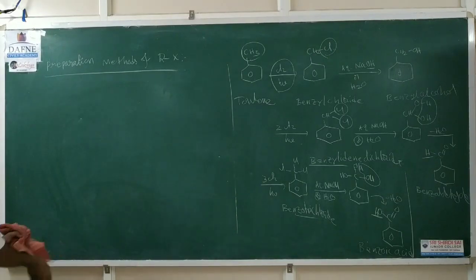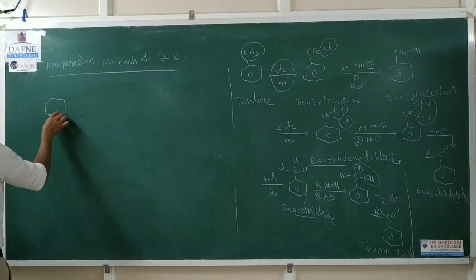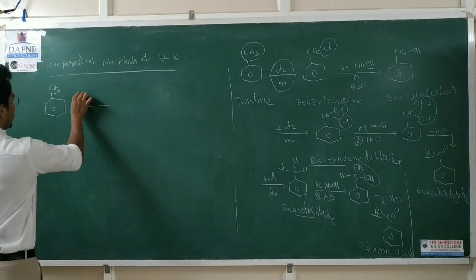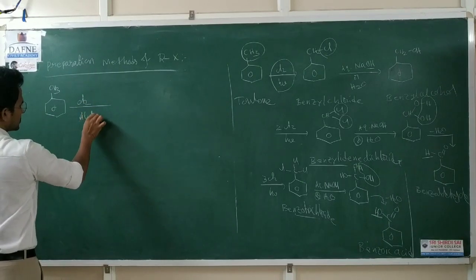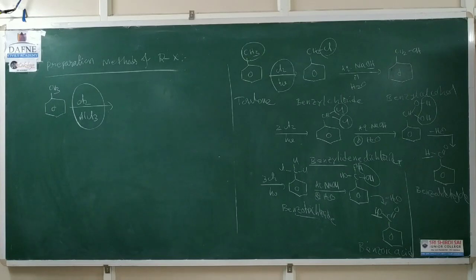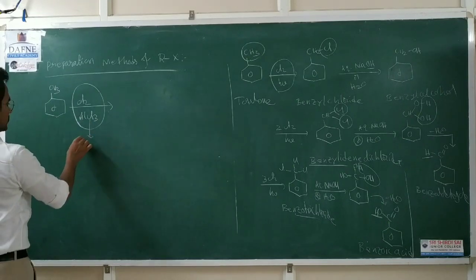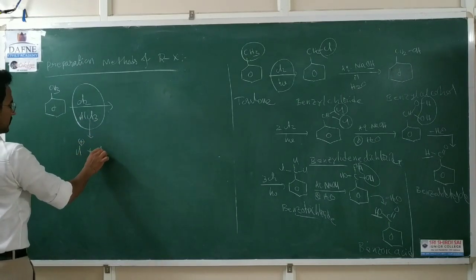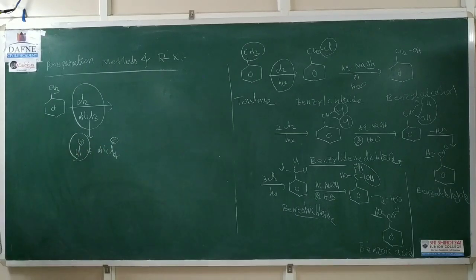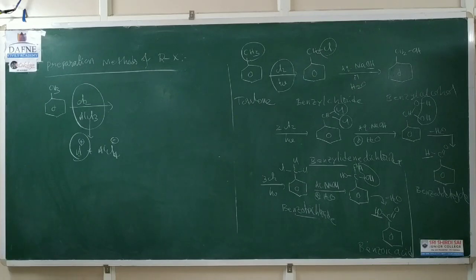Now this toluene on reaction with Cl2 in the presence of AlCl3. You know this one. In the presence of AlCl3, a Cl+ electrophile is produced. Now the Cl+ electrophile replaces the H+ on the benzene.